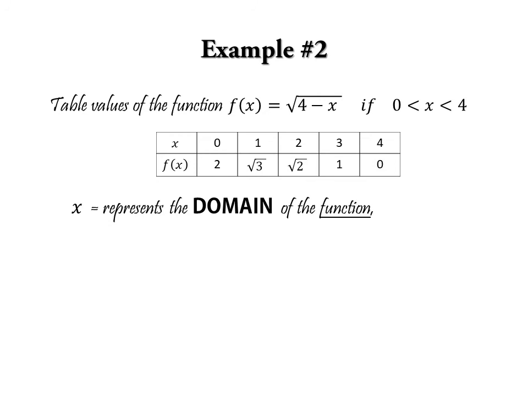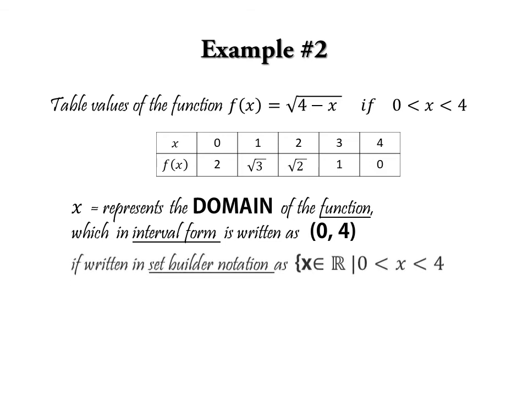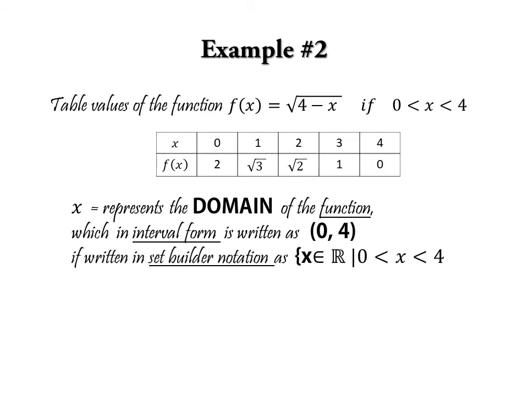Again, x represents the domain of the function. In interval form, you can write that as open interval 0 to 4. In set builder notation, you have x is an element of R, where x is greater than 0 but less than 4.